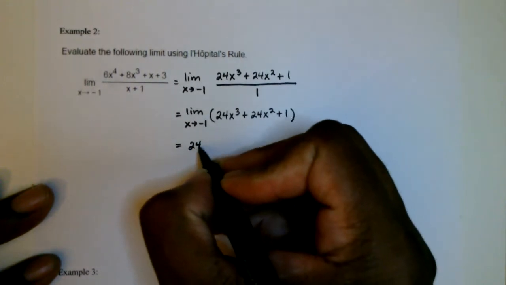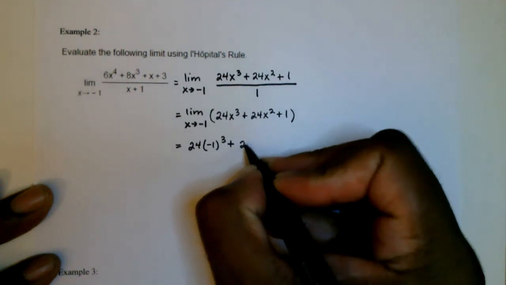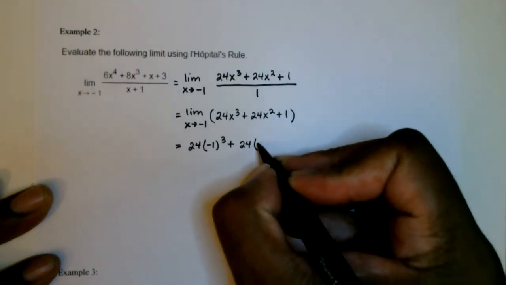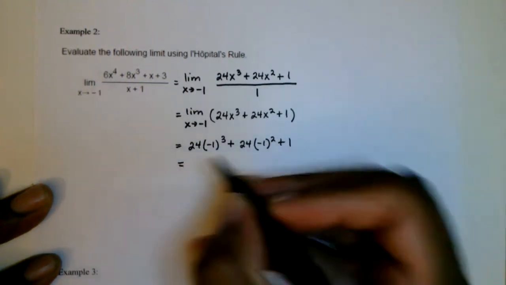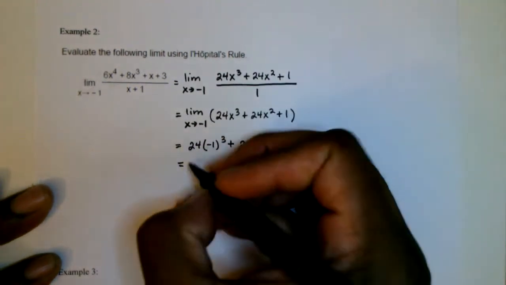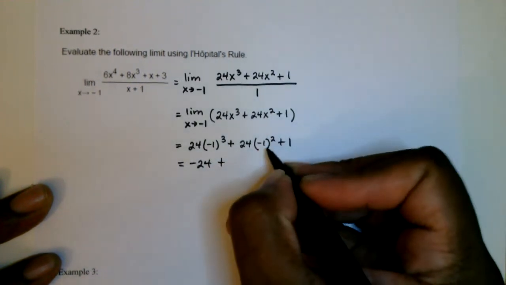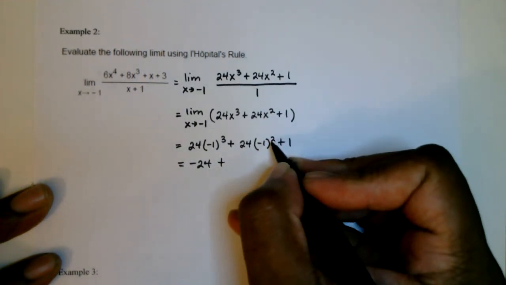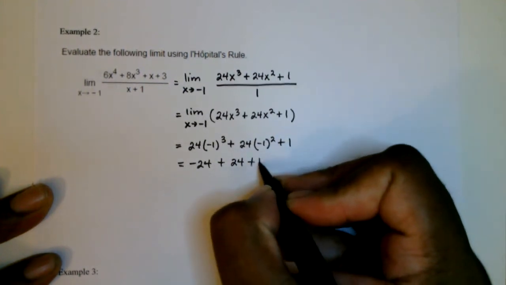So this will be 24 times negative 1, that's cubed, plus 24 times negative 1, that's squared, plus 1. Well, if I cube a negative, that's going to be negative. So negative 1 cubed will be negative 1 times that 24, which is negative 24, plus squaring the negative 1 will be positive 1 times 24, which is 24, plus 1.